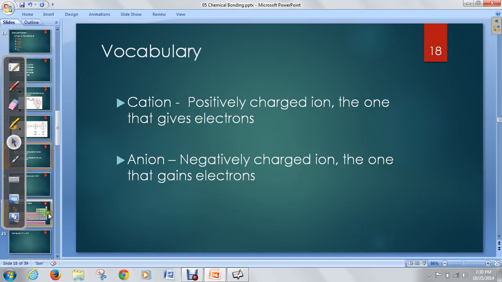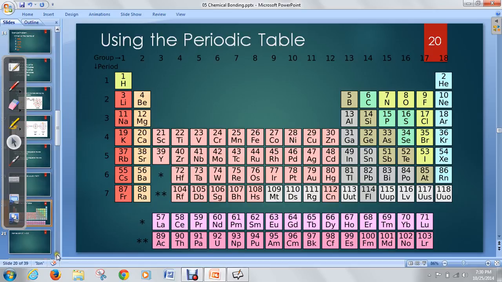All right, and if we look at the periodic table, we can usually tell what types of groups are going to form ionic bonds. The alkali metals really like to form ionic bonds with the halogens. And the alkaline earth metals like to form ionic bonds with the halogens or column 6, sometimes even column 5.